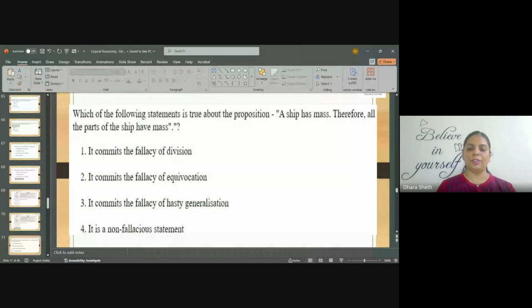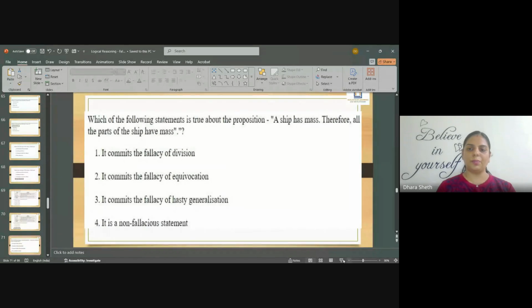Next, which of the following statements is true about the proposition: a ship has mass, therefore all parts of the ship have mass? Fallacy of division, the fallacy of equivocation, the fallacy of hasty generalization, or it is a non-fallacious statement.